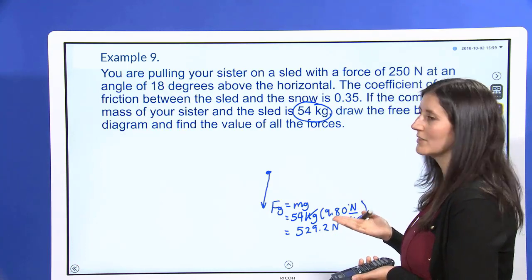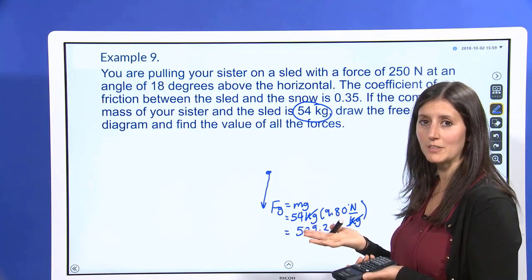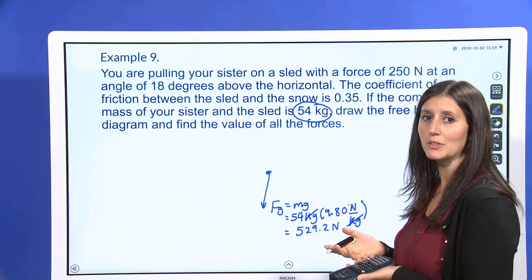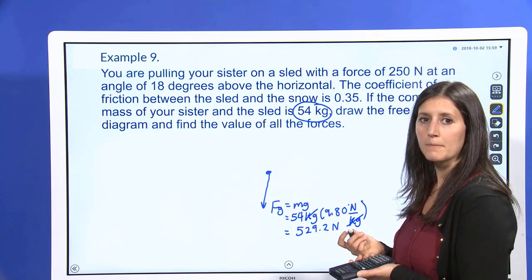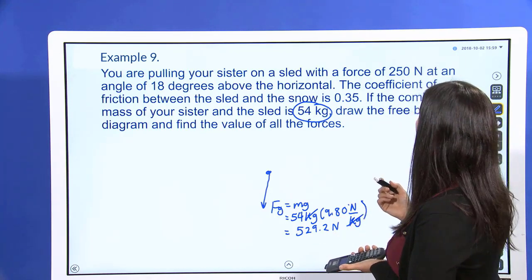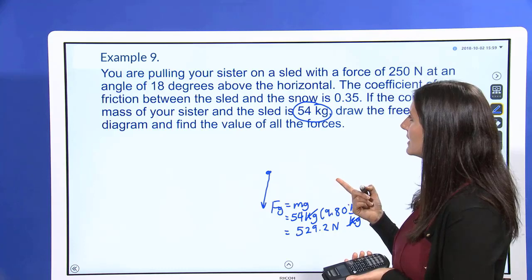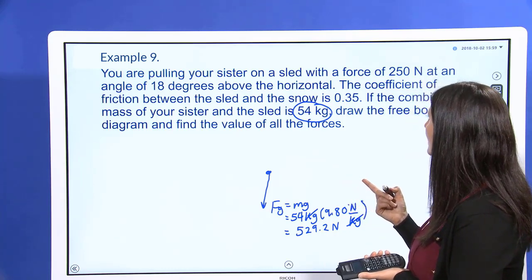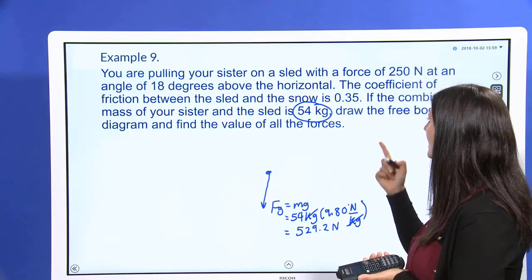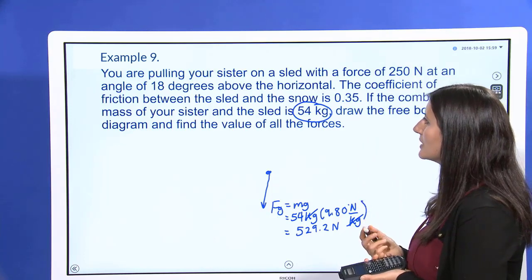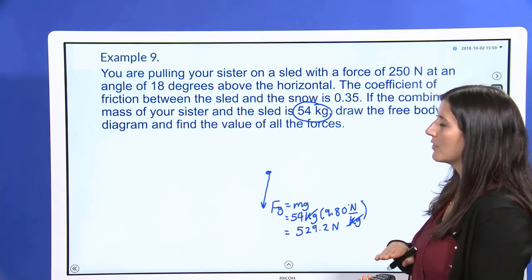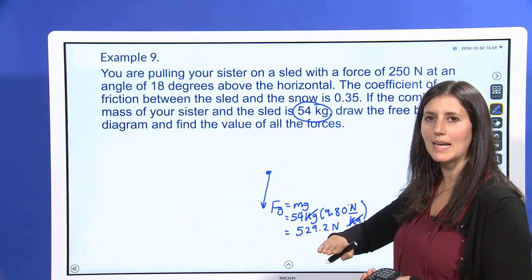Next, my sister and the sled are on the surface of the snow, so there is going to be a normal force. I'm pulling my sister on the sled with this force at an angle of 18 degrees above the horizontal. The coefficient of friction is given, and they don't mention anything about the ground being at any angle.